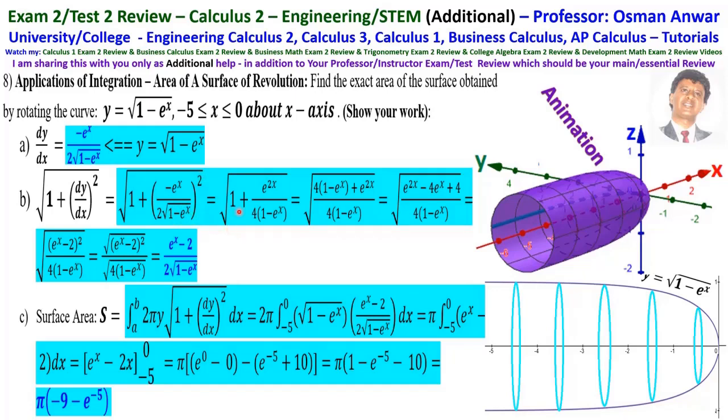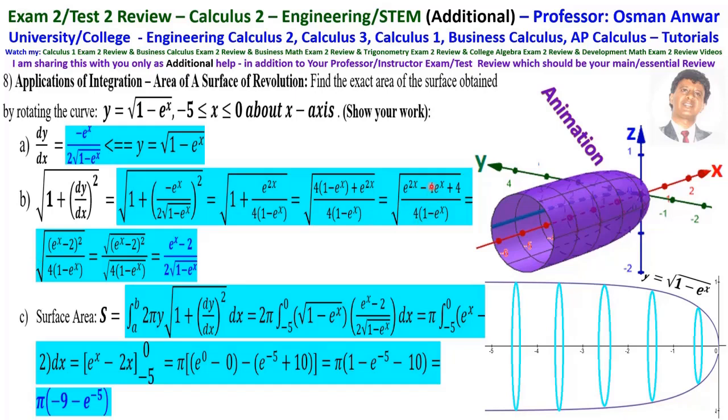That is equal to 1 plus e^(2x) over 4 times (1 minus e^x), which is square root of (4 times (1 minus e^x) plus e^(2x)) over 4 times (1 minus e^x), which is equal to square root of (e^(2x) minus 4e^x plus 4) over 4 times (1 minus e^x).